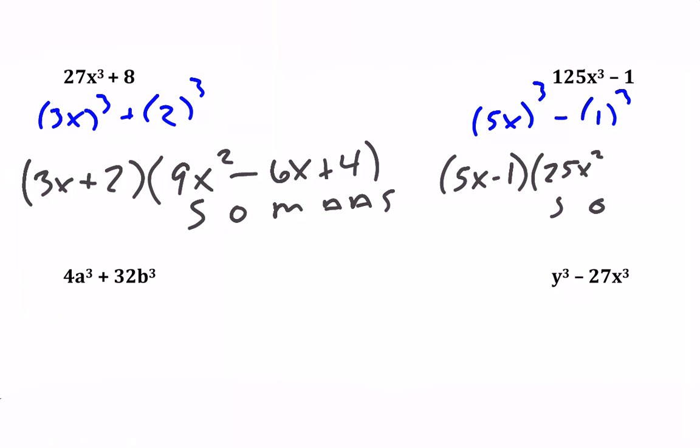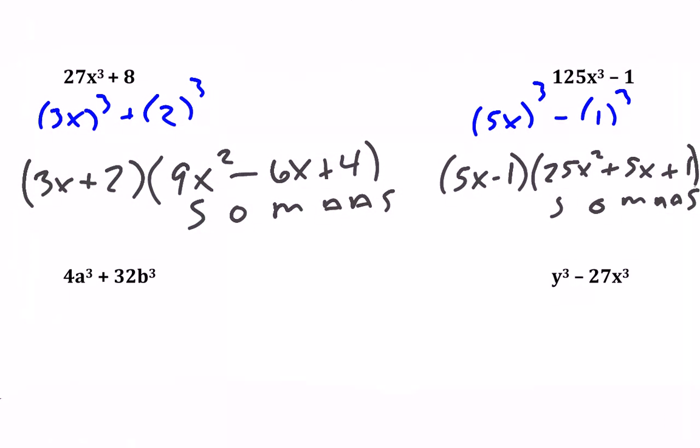I do the opposite sign, so that would be plus. I multiply my terms, so 5x times 1 would be 5x. I always add, and I square my last term, so 1 squared is 1. You don't have to write the letters underneath, I'm just trying to keep track of what's going on.